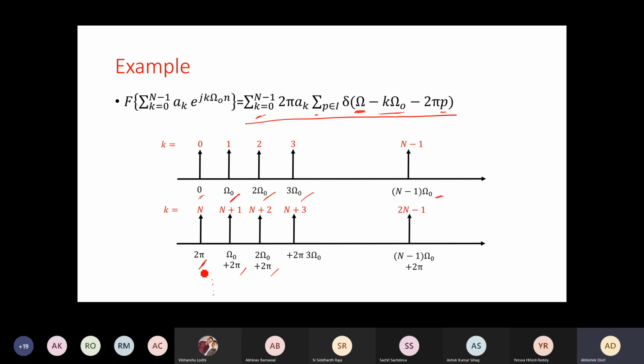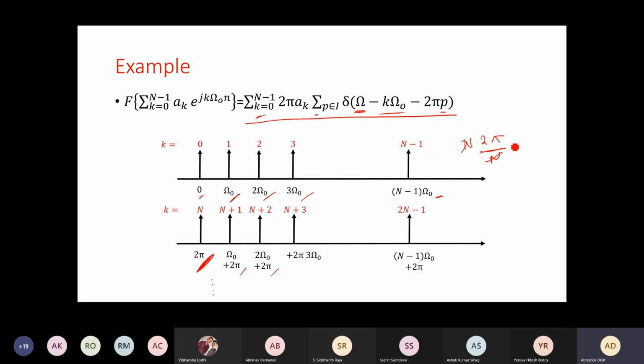Now let us look at the simplification of this. If you have to index this impulse, do you necessarily need a p, or can this be simply indexed by k? That is what we are thinking. So this impulse at 2 pi can be created if we choose k equals to n. Because if k is n, then my omega naught is 2 pi by n.